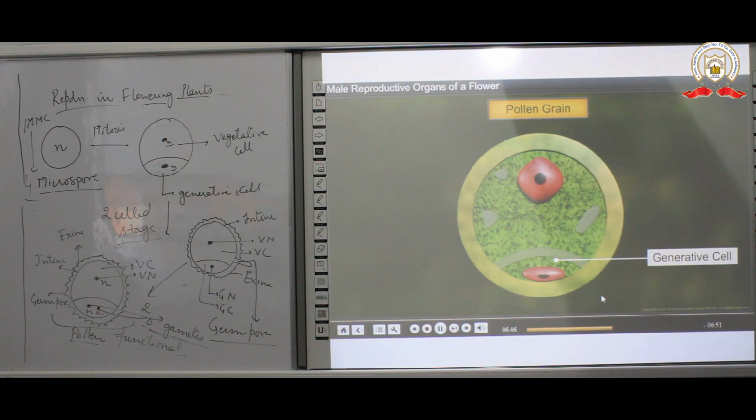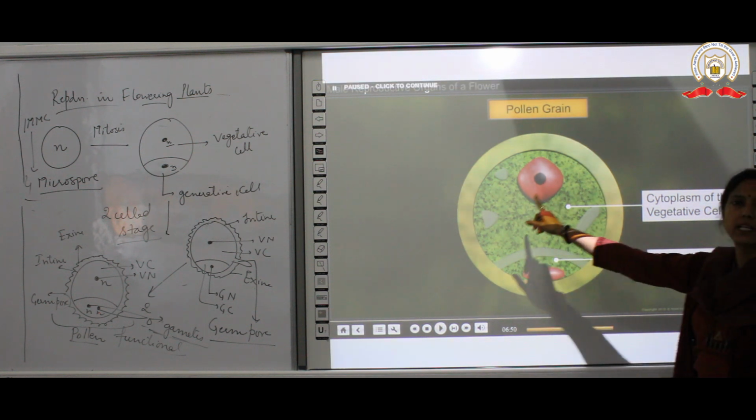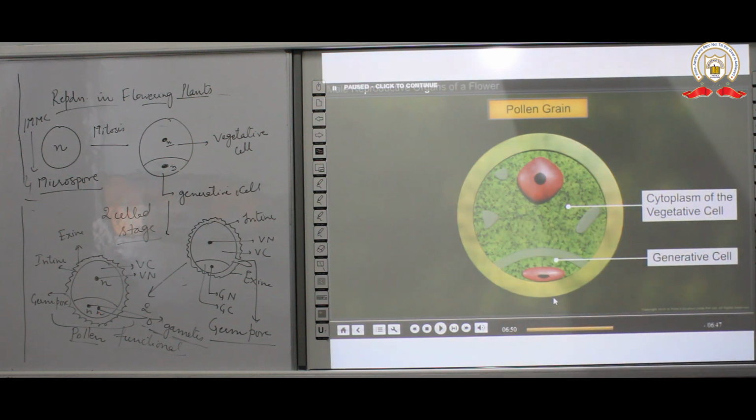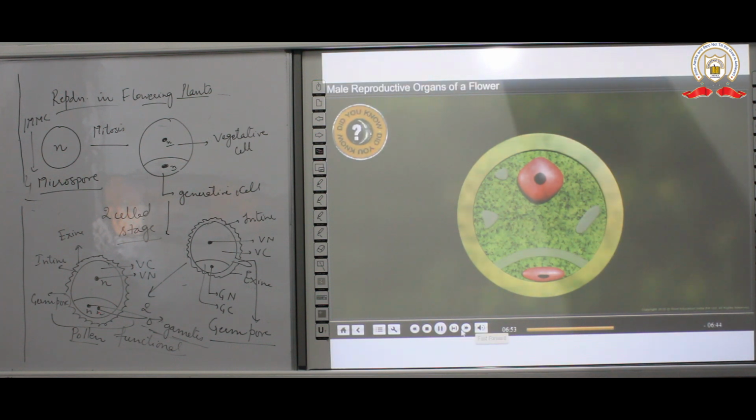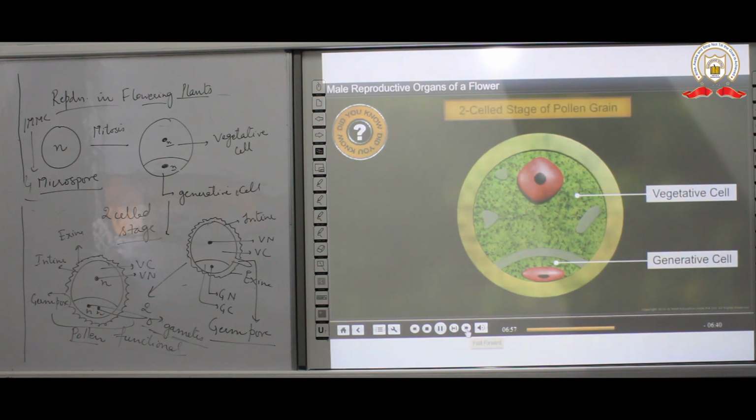Moreover, the generative cell floats in the cytoplasm of the vegetative cell. This is very important. Which cell floats in which other cell? Did you know that the vegetative cell and generative cell represent the 2-cell stage of the pollen grain?